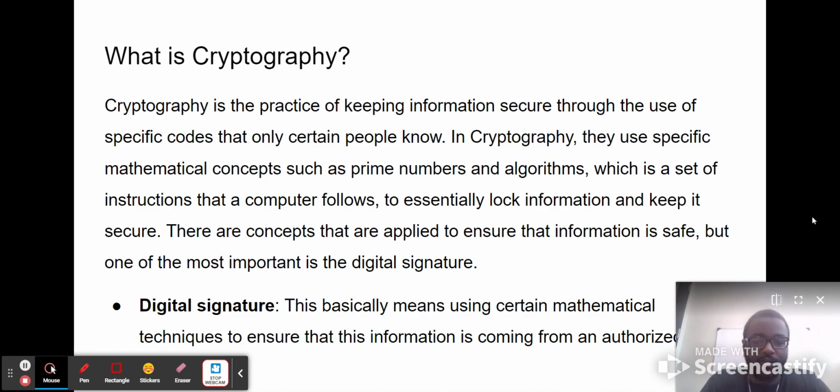A digital signature means using mathematical techniques to ensure information is coming from an authorized user. It is a way for people to know that they are getting information from the right source. Say, for example, Bob sends information to Alice, and Alice gets that information using her key.